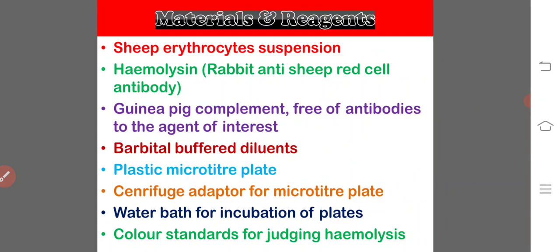The amounts of each reagent are predetermined in such a way that the introduction of complement, given at a slight deficiency, to SRBC and anti-SRBC complexes results in almost complete lysis, about 95%.